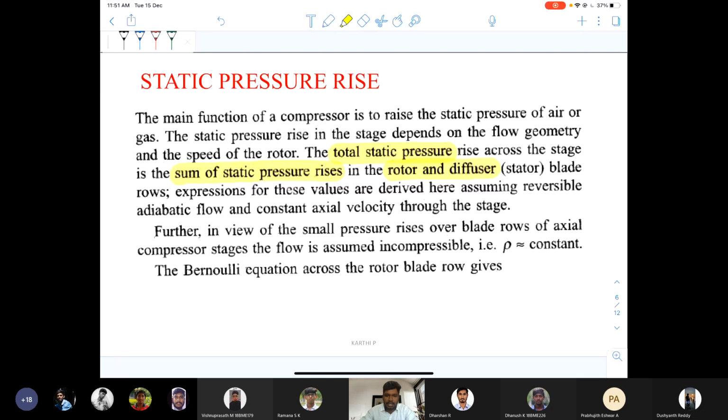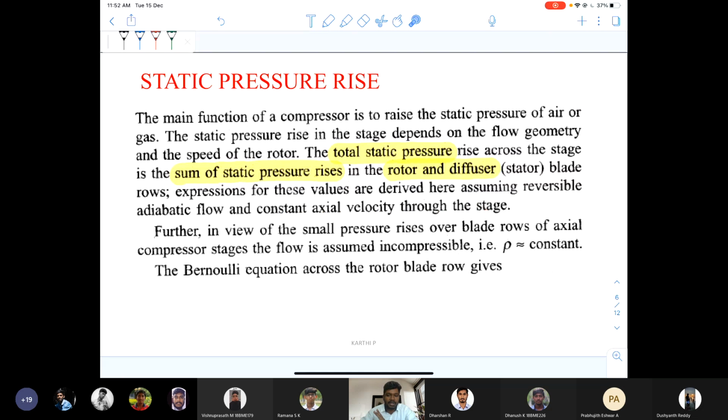Now, the expressions for these values are derived by assuming a reversible adiabatic process, which is nothing but an isentropic process, and a constant axial velocity through the stage.